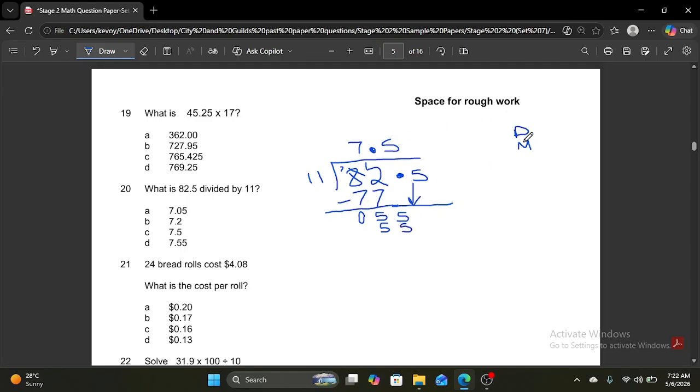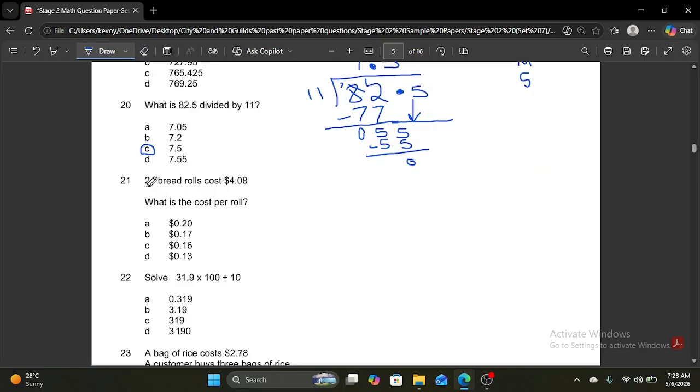After you multiply, you subtract, and you'll have 0 remaining. There's nothing to bring down or anything else. So we have our answer, and our answer is 7.5. So the answer for 20 is C. Moving right along.